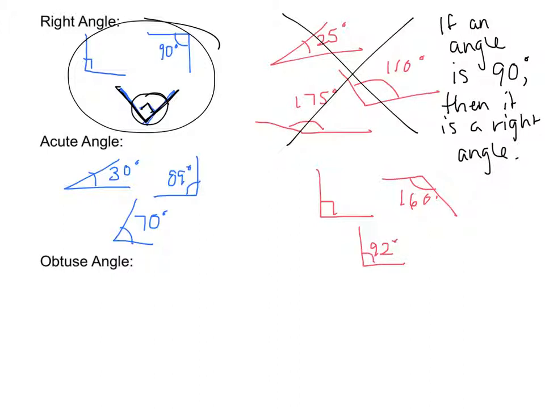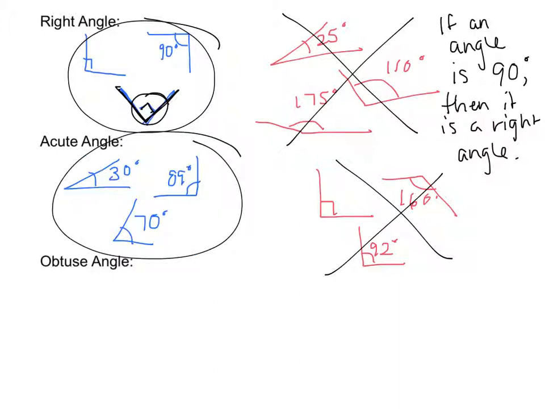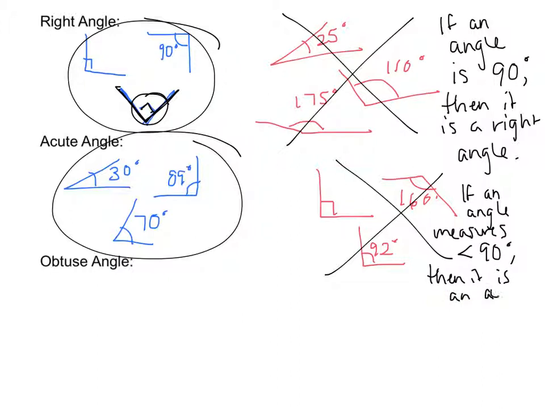So these are not acute angles, but these are. So we can find the definition that if an angle measures less than 90 degrees, then it is an acute angle.